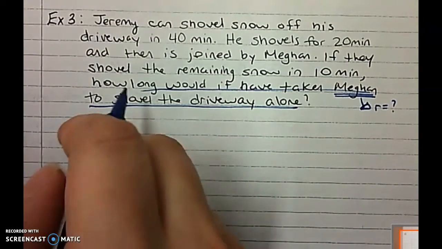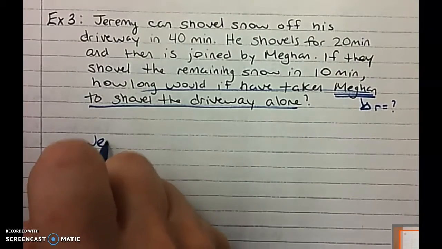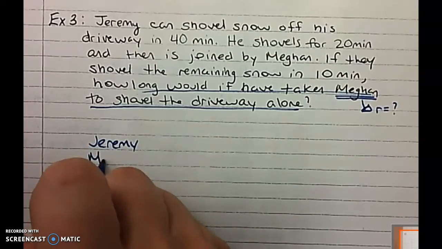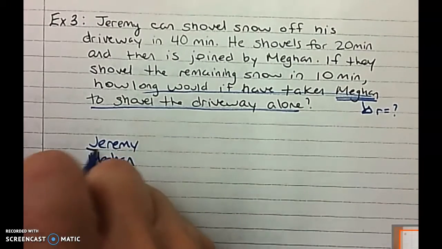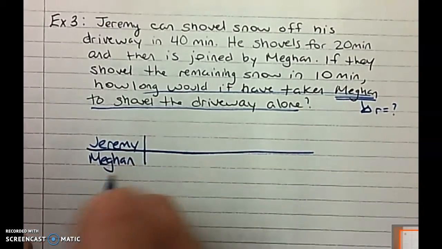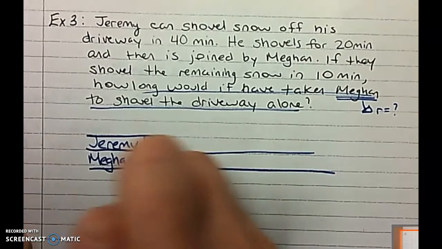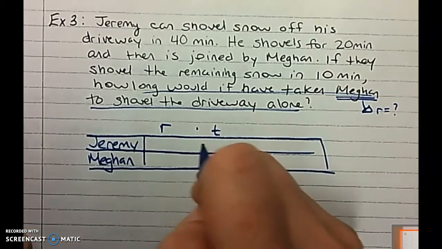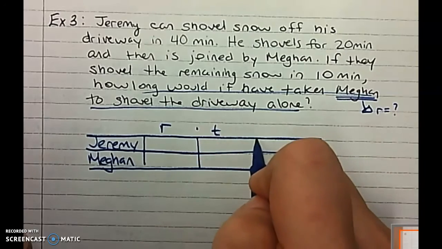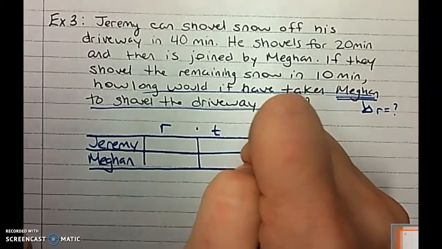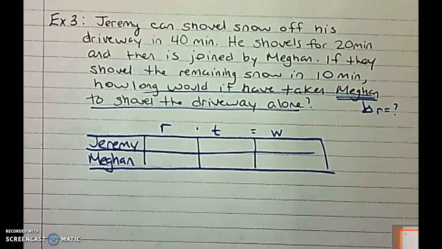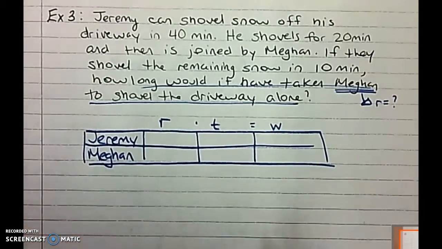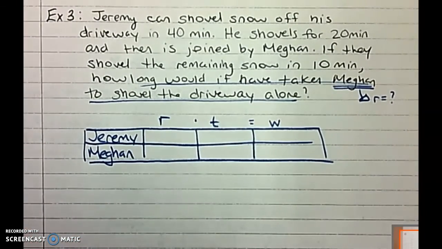Okay, so let's take a look at this table. We have Jeremy, we have Megan, we have the rate times the time that they work together equals the amount of work completed. Okay, so Jeremy can shovel the snow by himself in 40 minutes.